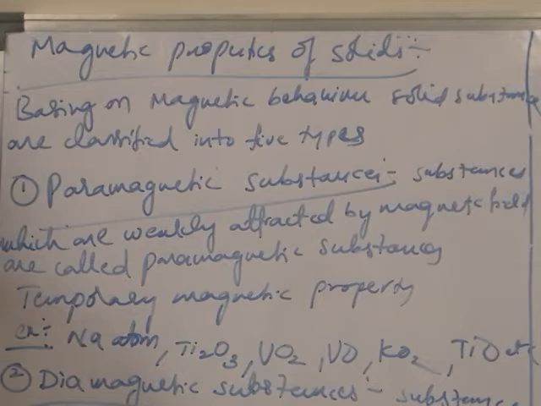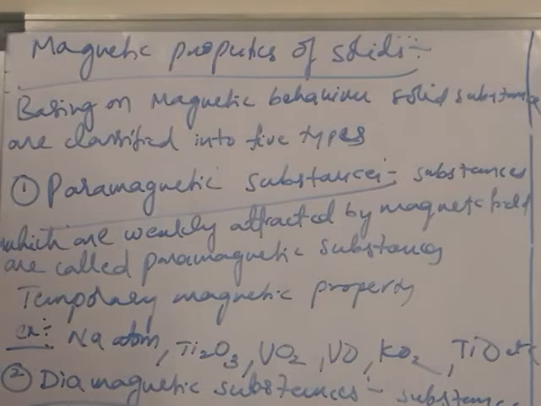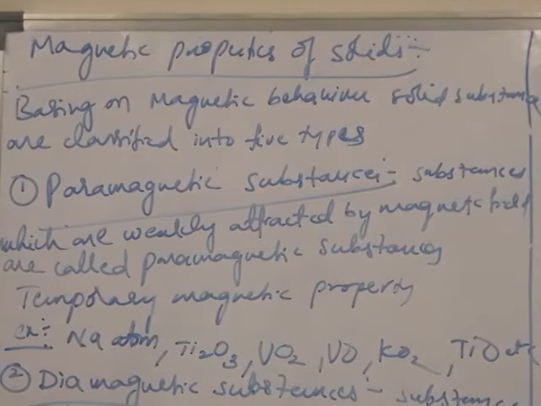Okay? So no magnetism is exhibited by this type of substances. For example, sodium chloride and Na plus ion, magnesium Mg2 plus ion. Next, ZrO2, zirconium oxide. Okay? So all these are diamagnetic substances.